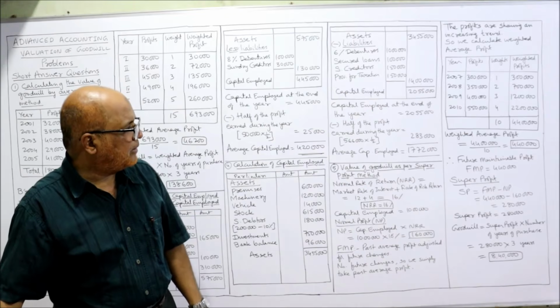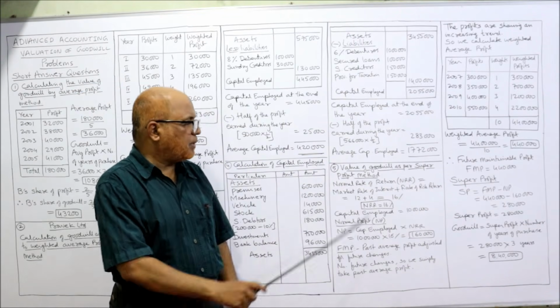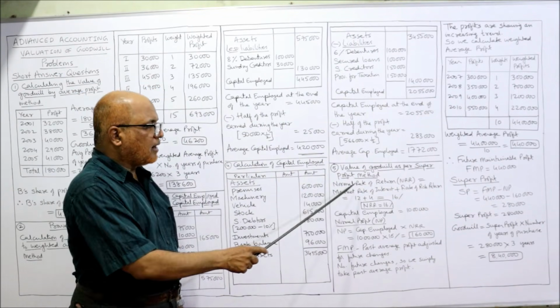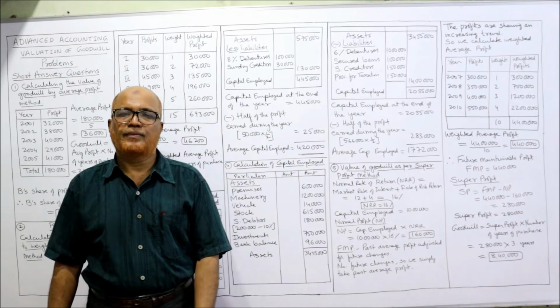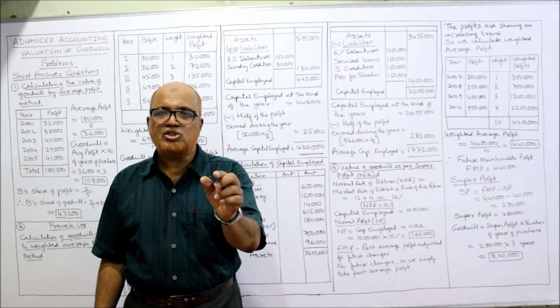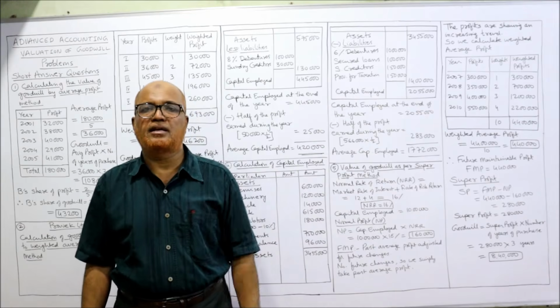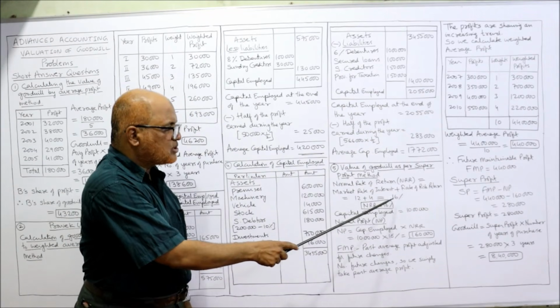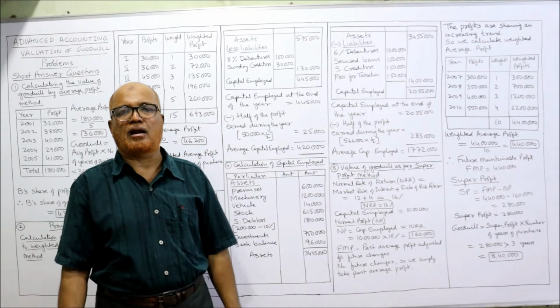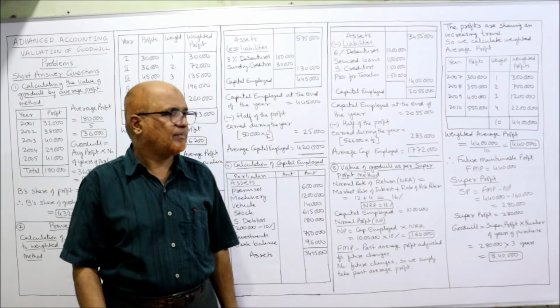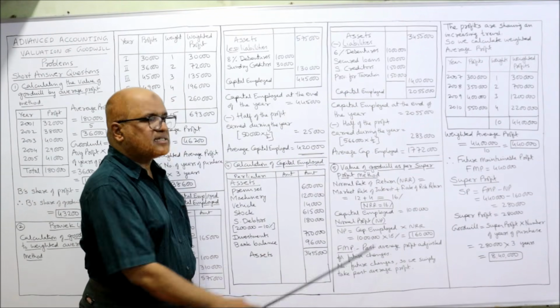Right? Now here, value of goodwill as per super profit method. Normal rate of return, NRR. So market rate of interest plus rate of risk return, that is 12 plus 4, 16% is the NRR, normal rate of return. Now capital employed is 10 lakh.